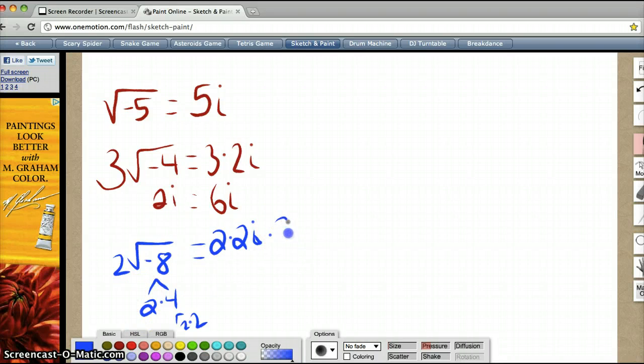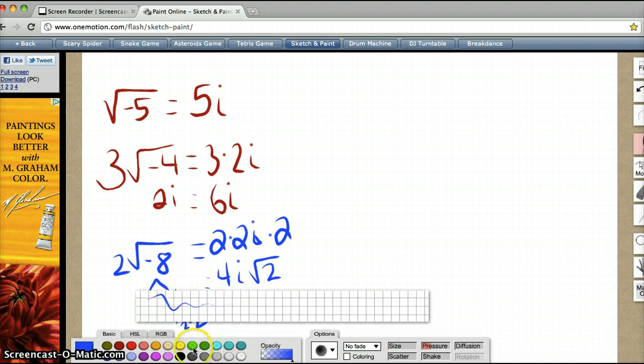So times 2, which is simply 4i, which is simply 4i square root of 2, because our 2 is left under. So it would be 4i square root of 2.